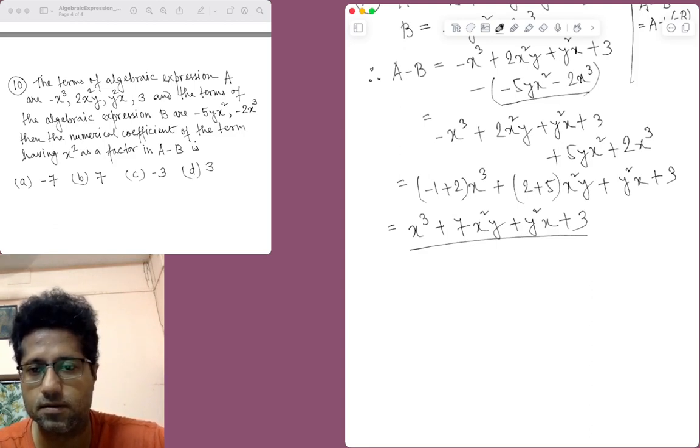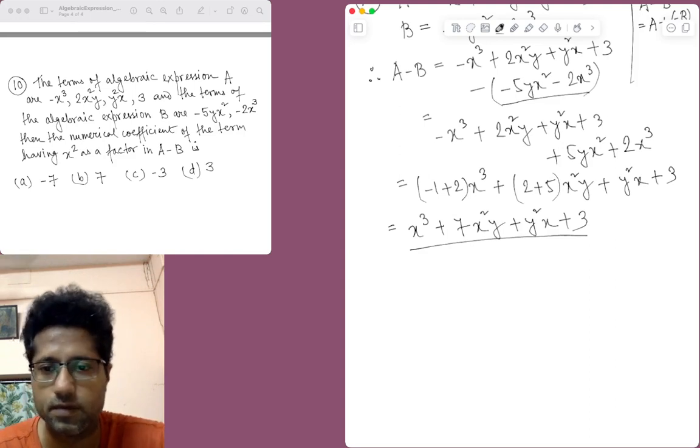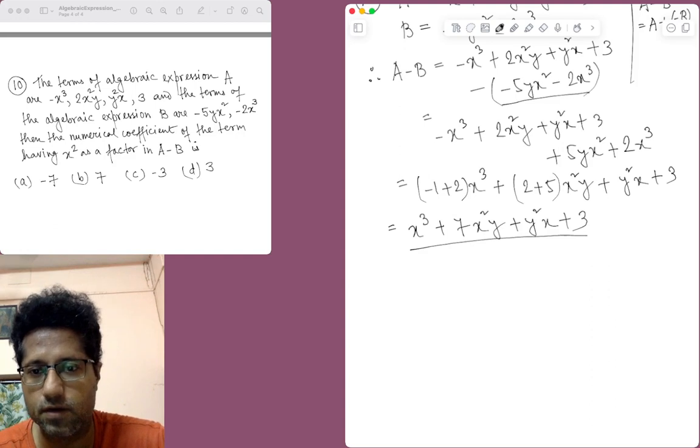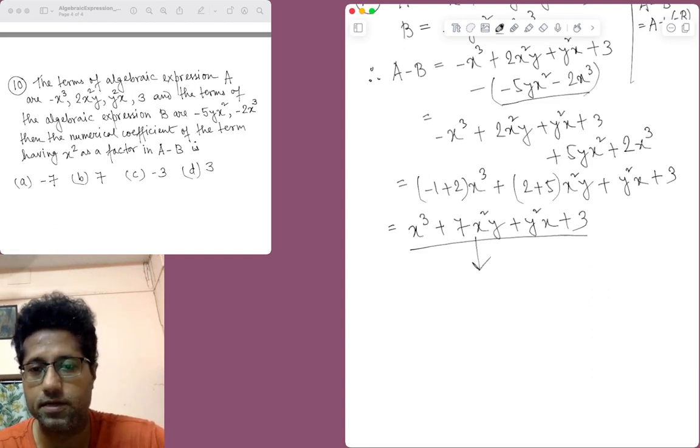It has three factors. The first one is 7, the numerical factor. The second one is x square. The third one is y. The third term, y square x, has two factors, y square and x. And the last term, the constant term, has only one factor, that is 3. So which term has x square as a factor? Obviously only this term, 7x square y, has x square as a factor.